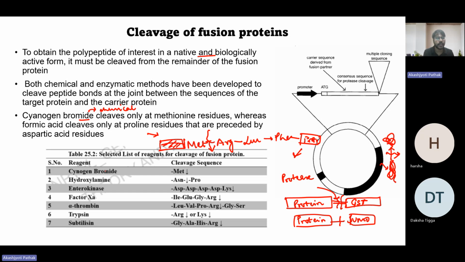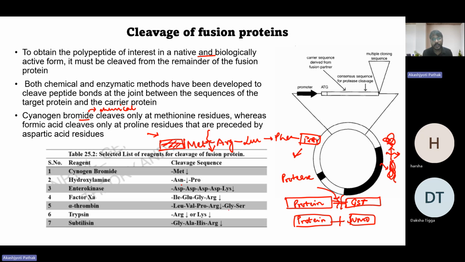So there are different types of chemicals, and you need to remember the cleavage sequence of each of these. Cyanogen bromide will cleave after methionine. Hydroxylamine cleaves between asparagine and proline residues. Then there is enterokinase, which cleaves at this sequence: aspartate, aspartate, aspartate, aspartate, then lysine. After this lysine, at the C terminal end of the lysine, it will cleave. Factor XA cleaves after the arginine residue.